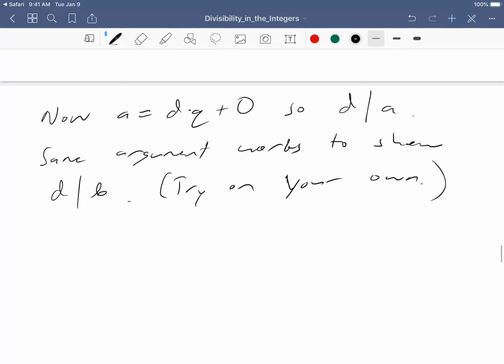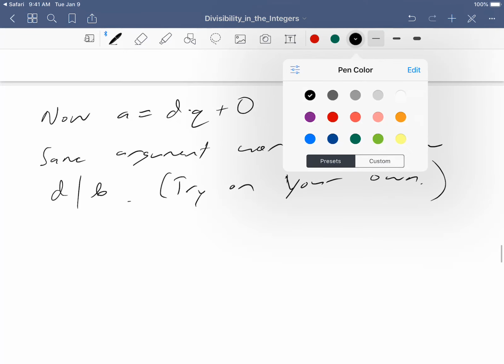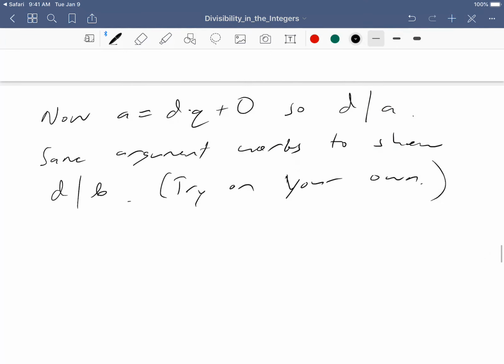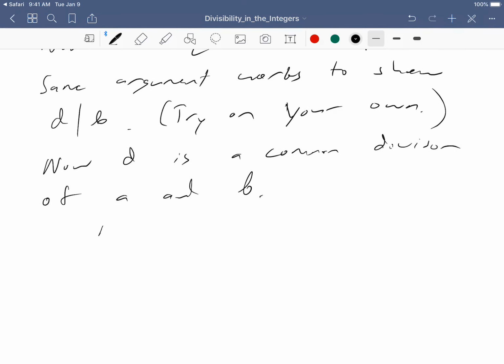Okay, great. So now we know that D is a common divisor of A and B. All right, so now we must show that D is the largest one.